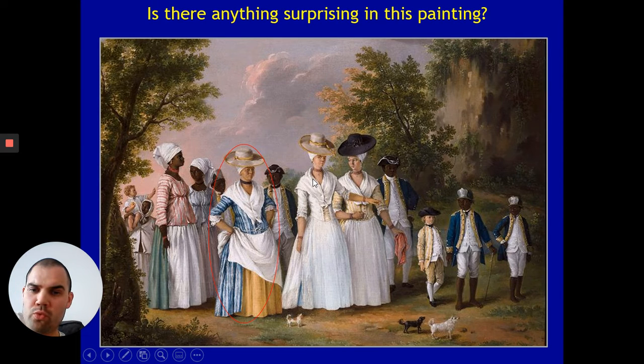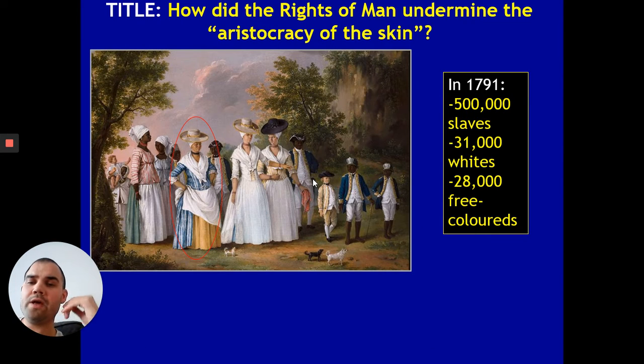Now, the reason for that is that in Saint Domingue before the Haitian Revolution, there were 500,000 black African slaves. There were 31,000 whites, but then there were 28,000 people in this middle group of people who were called the free coloreds. Okay, now the free coloreds in Saint Domingue were interesting because they were kind of a middle group between the white slave owners and the black African slaves.